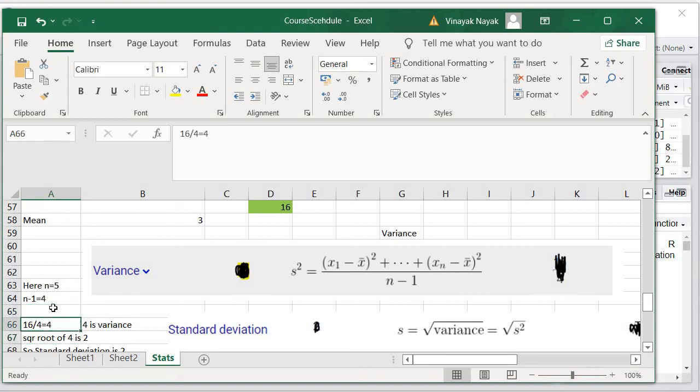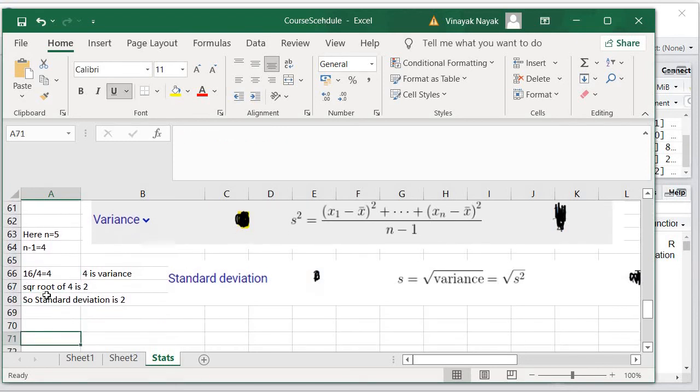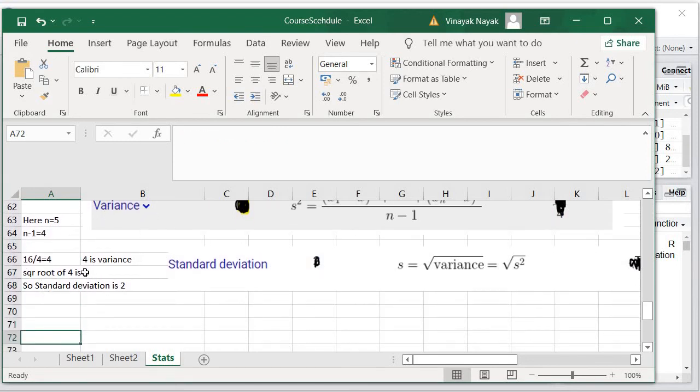So 16 divided by 4 is equal to 4. So 4 is our variance. If you want to find the standard deviation, take the square root of the variance. The square root of 4 is 2. So here the variance is 4 and the standard deviation is 2. So this is clear.